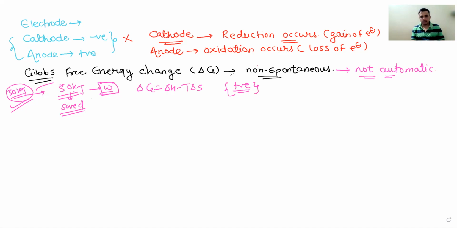So here, in electrochemistry, we have seen that there are three parts we are going to study. The first part is the electrolytic cell.